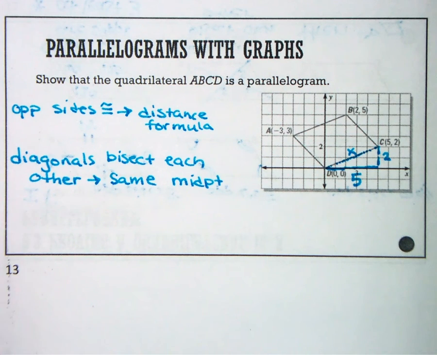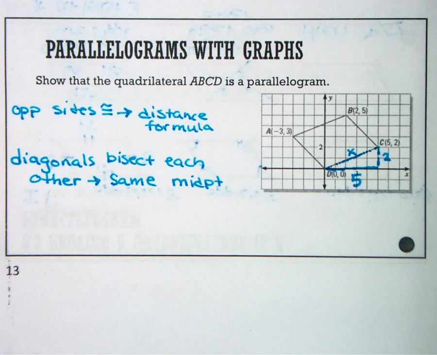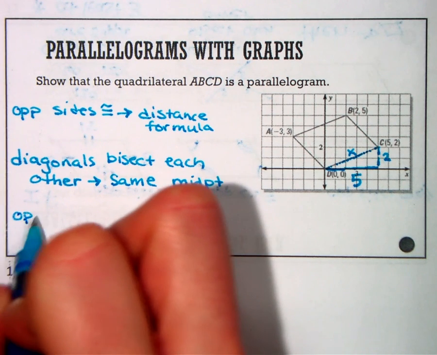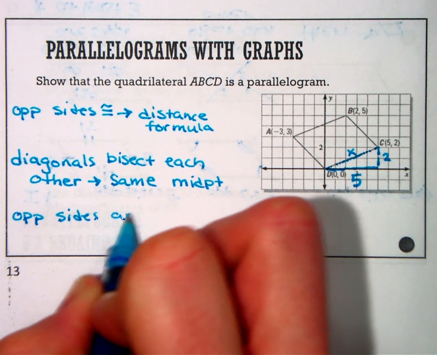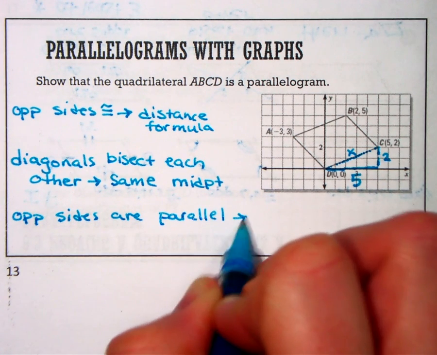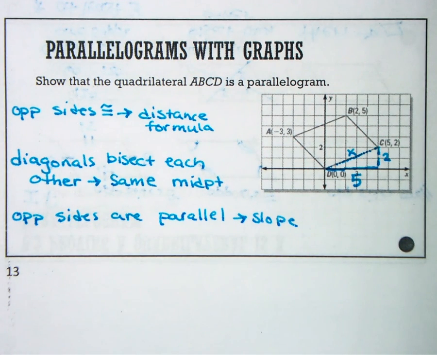I wanted to make sure we talked about these because we are going to do those things just later on. But the easiest way, I think, to show that something is a parallelogram is to show that the opposite sides are parallel. And we're going to do that using the slope. So if the opposite sides have the same slope, we are saying it's a parallelogram.